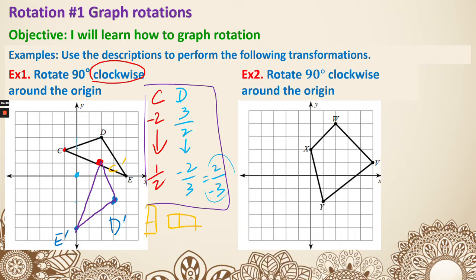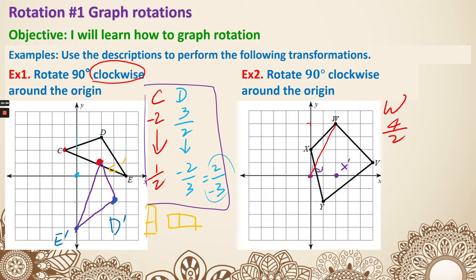Next, example 2. Around the origin again, X is easy, and if it's clockwise going that way, so X prime is just going to be right there. Everything else, let's start having a look. First, starting with W to the origin, that's up 4 over 2.